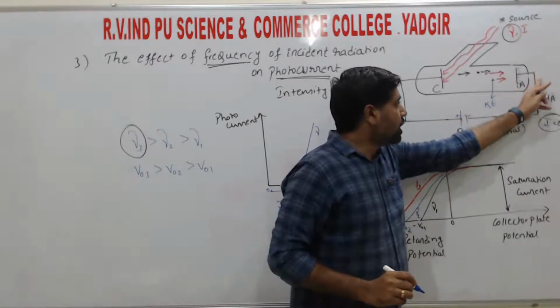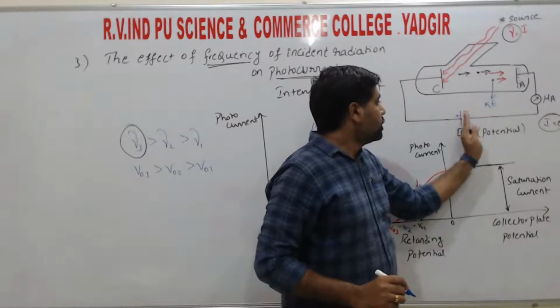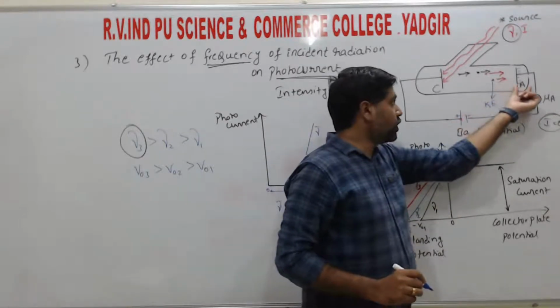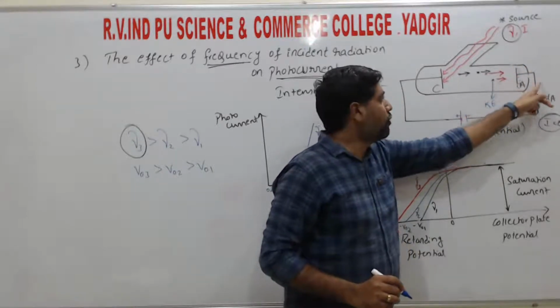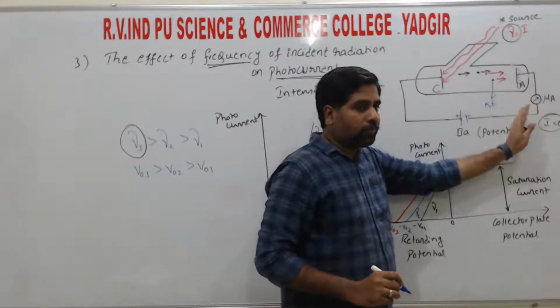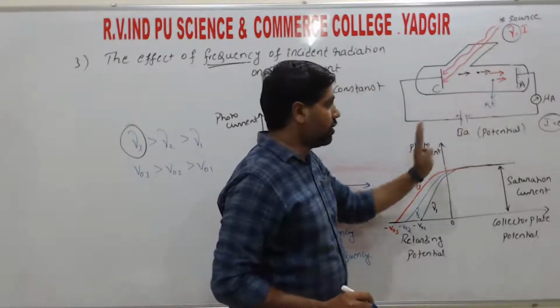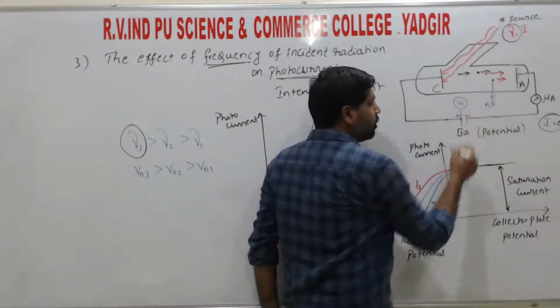Hence the current flowing through this circuit reduces, and as we go on increasing this negative potential, this value becomes more, right? For that the current is zero, right? For this minimum potential, we are applying some minimum potential, that is V naught.